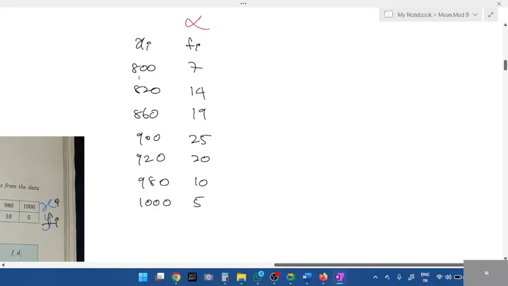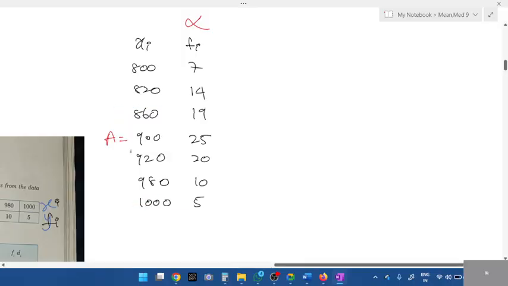Which is the middle term for xi? Total how many values are there? Only 6 values. Now, which one is in the middle? There's nothing in the middle. These two, right? You can assume any one. You can take 860 or 900. Is it clear?